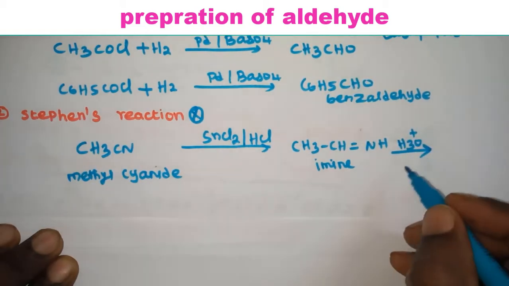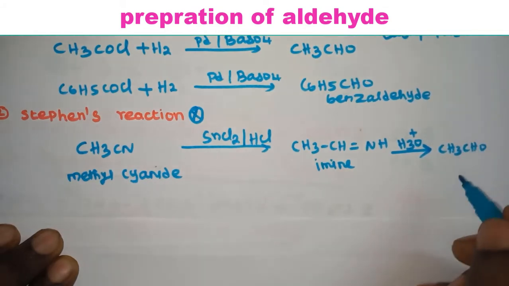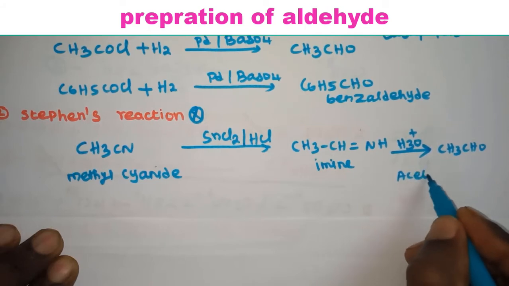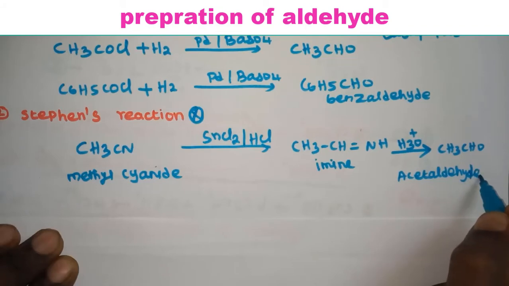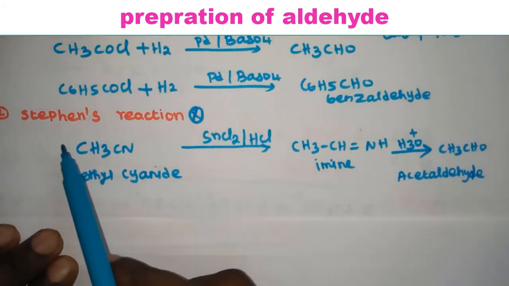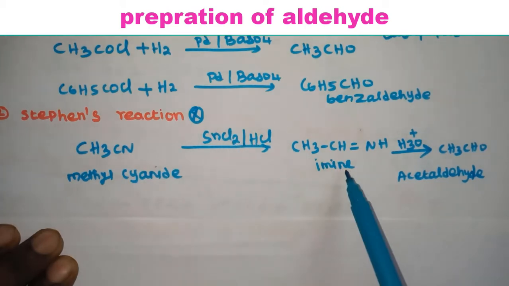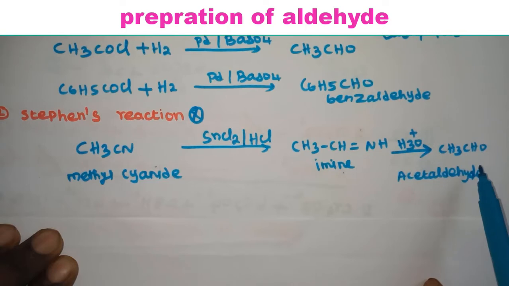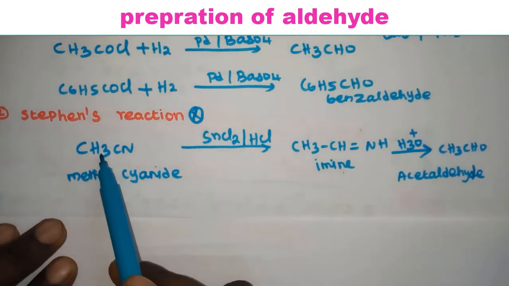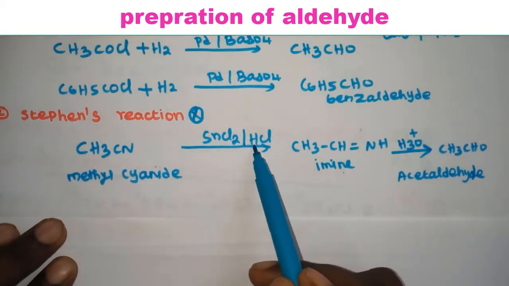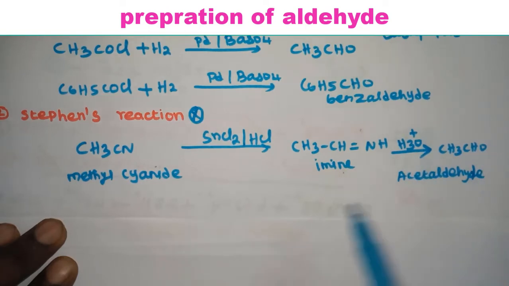This reaction is called the Stephen reaction. This is also a very important reaction: alkyl cyanide reduced with SnCl2 and HCl forms an imine, which on hydrolysis gives the aldehyde.